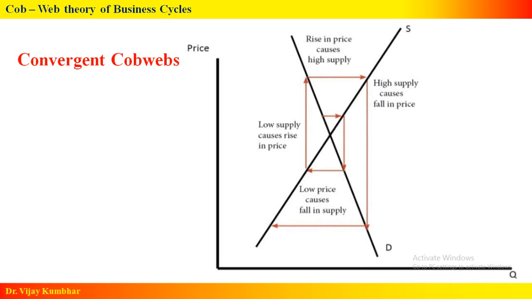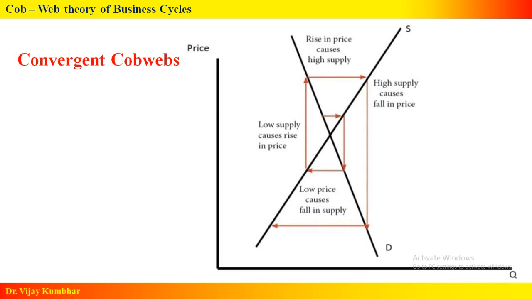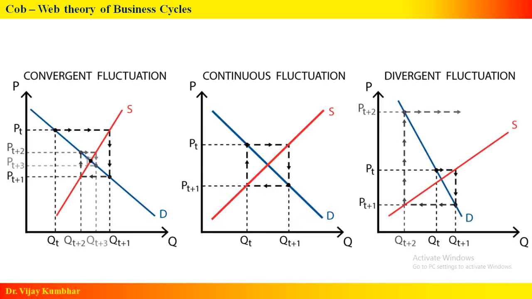Third is the convergent cobweb. Convergent cobweb indicates, suppose this is the situation. In this situation, the lower price causes a fall in supply and the supply will be declined. But at this particular point, the demand is higher and supply is lower, hence the prices will increase. According to this particular theory, such a type of cobweb will be created in the agriculture sector.